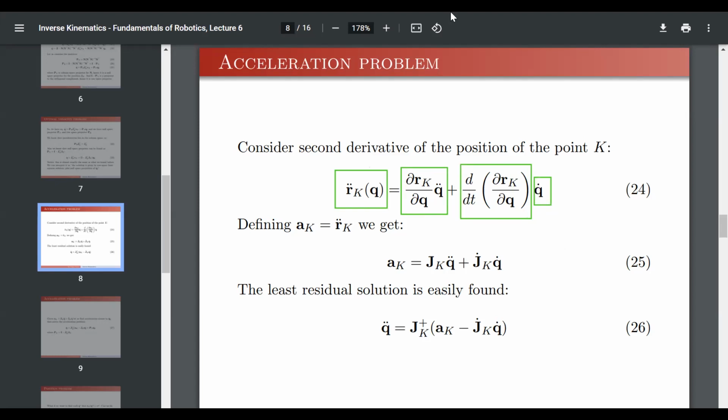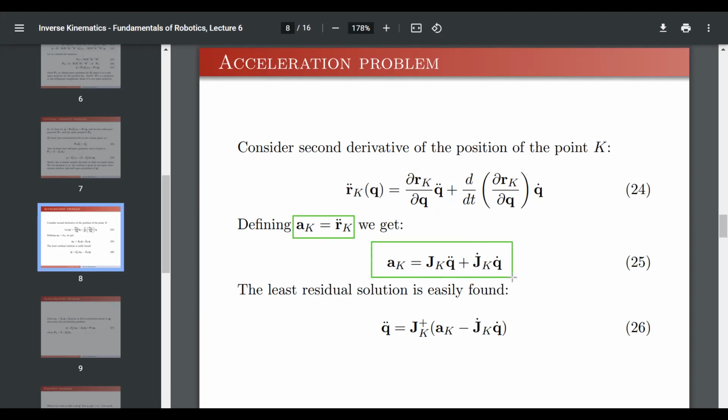Okay. Let me reiterate. Derivative of q dot times Jacobian, derivative of Jacobian times q dot. Okay, this is how we get it. Good. Now, introducing notation that a k would be r double dot, we get a k equals J_k q double dot, this guy.